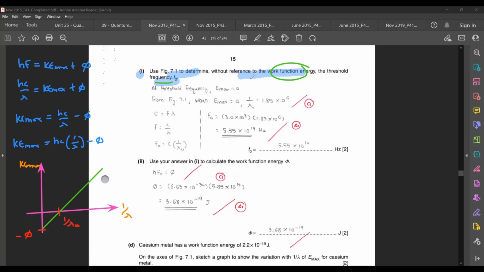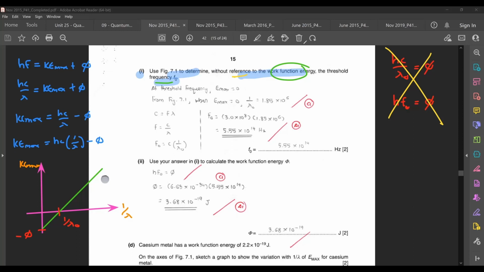So they already told you specifically, don't use work function energy. Don't use any equation related to work function energy here. Meaning to say you don't use hc over lambda naught equals phi. You don't use hf naught equals phi. Because they told you do not use that, without reference to the work function energy. So you cannot use this now. So how are you going to find the threshold frequency then?